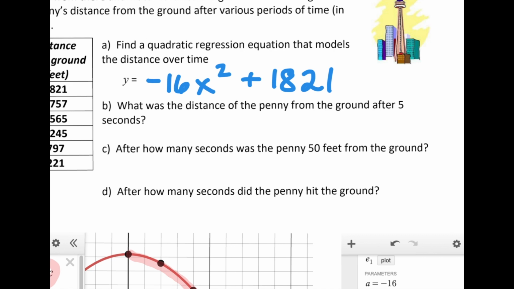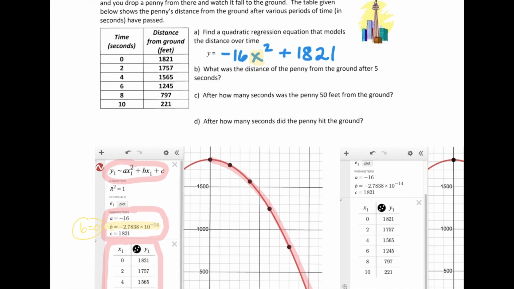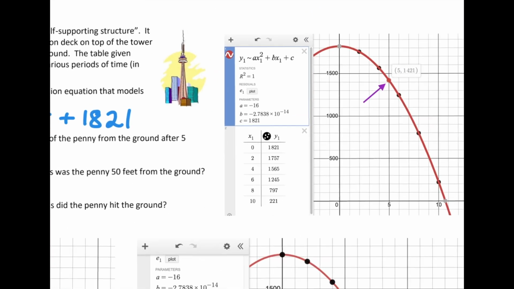And then it asks what distance the penny is from the ground after 5 seconds. You can type 5 into the equation in Desmos and compute an exact amount, or you can take your cursor and actually hold it down on top of the graph.